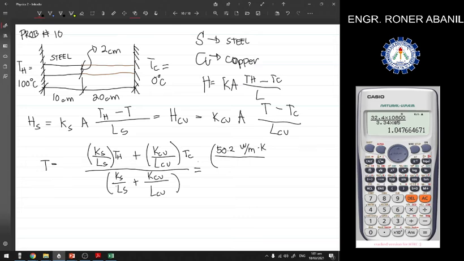Yung LS natin is yung length, is 10 centimeter. Or sabihin natin, i-convert na natin to ng meter. So, 10 over 100. Magiging meter to.